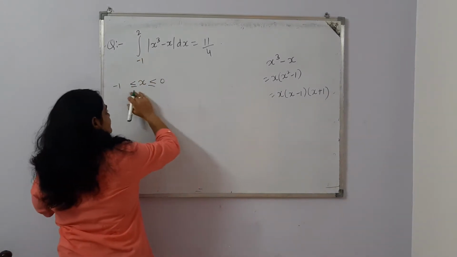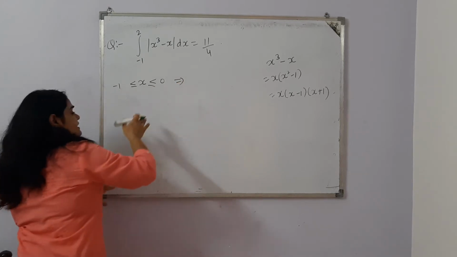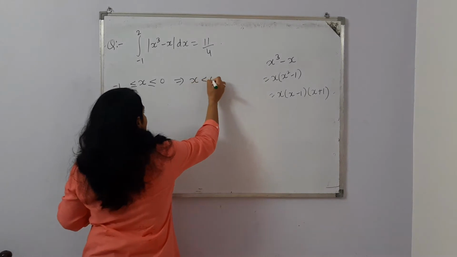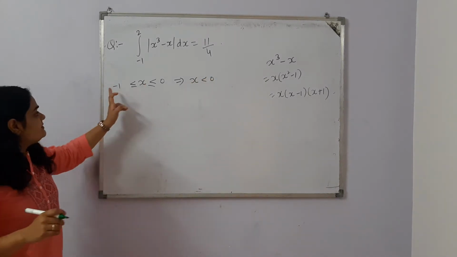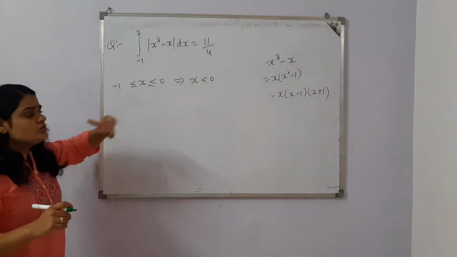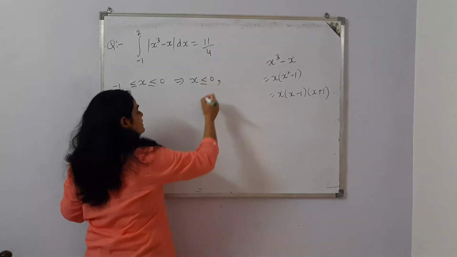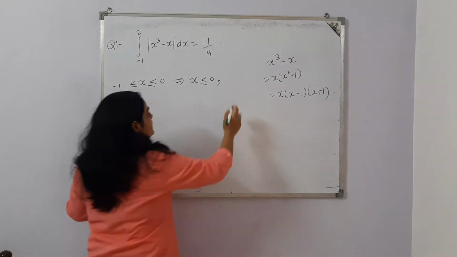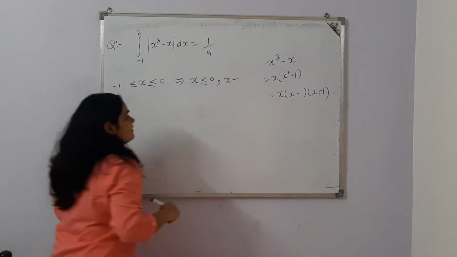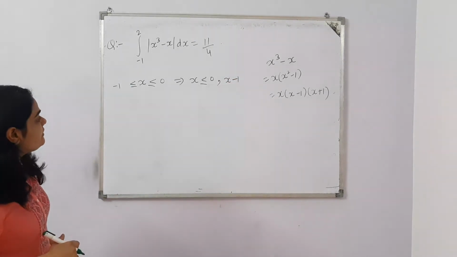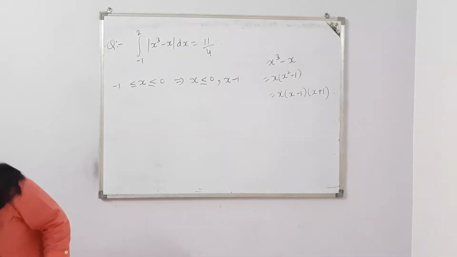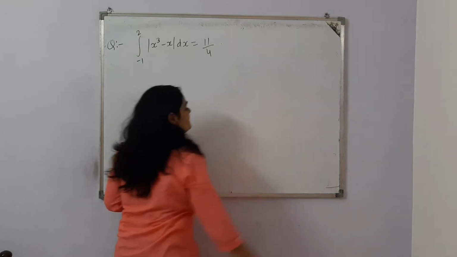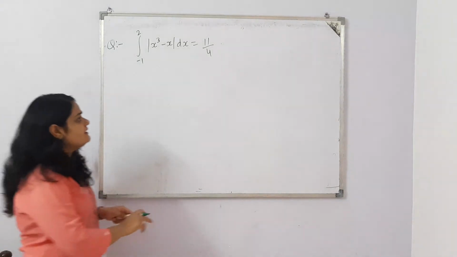Whenever x is lying between minus 1 to 0, x is always negative, or can be equal to 0. What about x minus 1? We can even form a table. By using the table, the question will become easy.